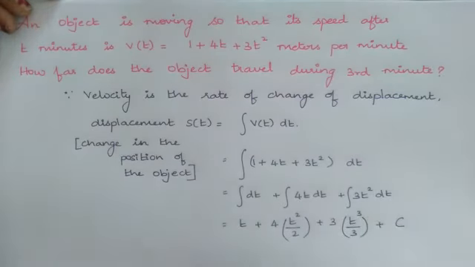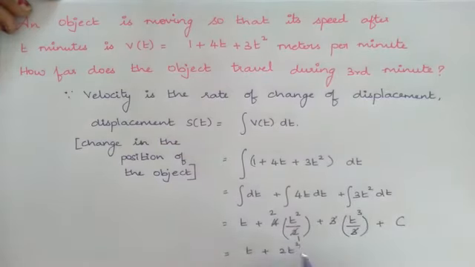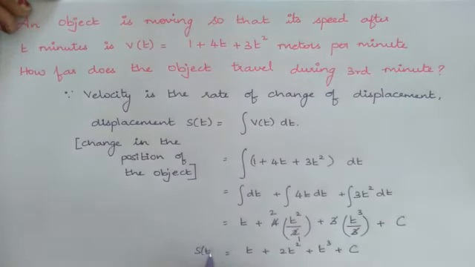Now let's simplify it here. This will be 2 times 1 half, 2 squared, and 3 and 3 get cancelled. So what's pending? We have t plus 2t squared plus t cubed plus the integral constant c. This is nothing but the displacement.